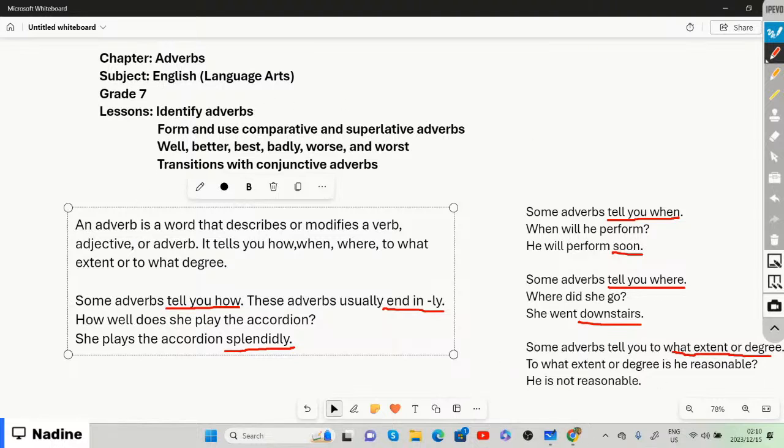So these are our adverbs that tell us how, where, when, and to what extent or to what degree. During the course of the lesson, we are going to find out more about how to identify adverbs, as well as form the comparative and superlative adverbs.